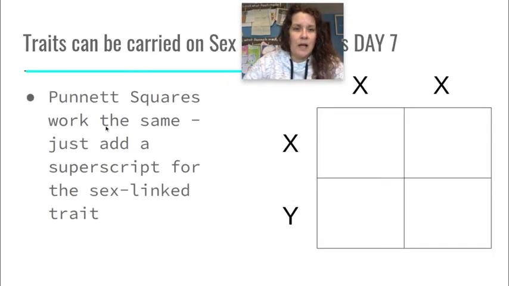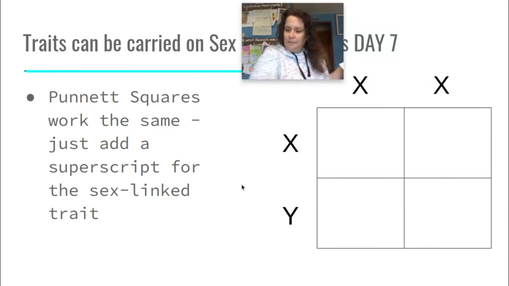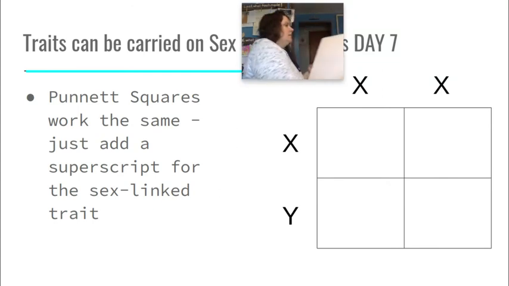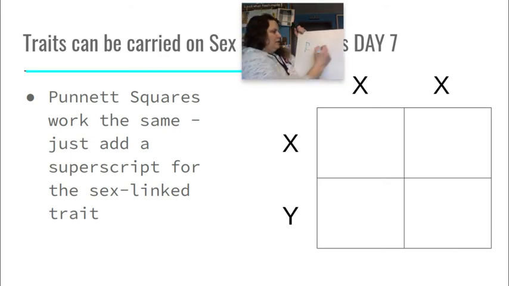So when we do Punnett squares with these sex-linked traits, it works the same, but you have to add the X's and Y's, and then add a superscript for the sex-linked trait. You know how yesterday you had big R or little r, well, you would also add that to the X's.